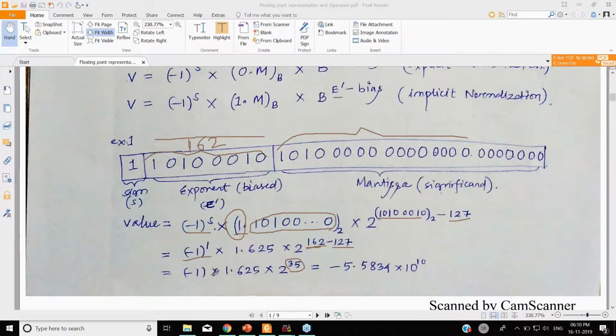So negative 1 into 1.625 into 2 to the power 35 equals minus 5.50583 into 10 to the power 10. I hope you are convinced with the format. If you still want to realize its value, we can see it in the program. Do you want me to run the program and see its actual value and the bit pattern?